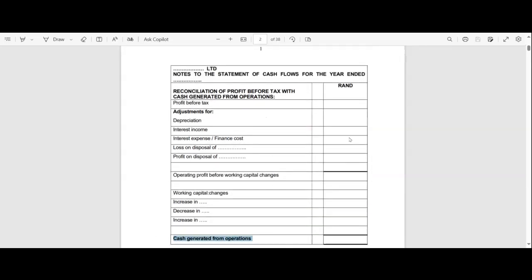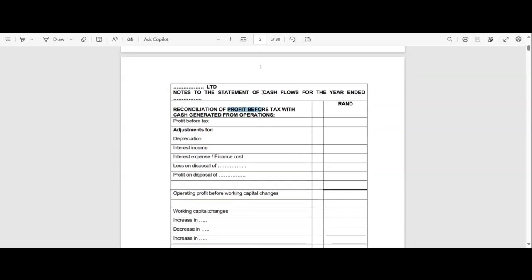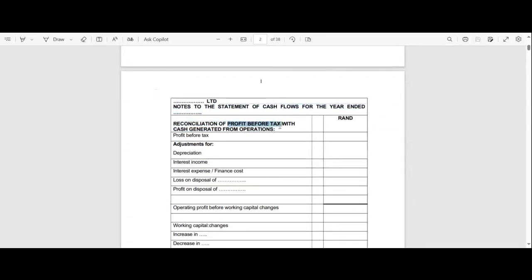This is the whole point of this note, and this is the whole point of the indirect method: to convert profit before tax to cash generated from operations. This is the whole purpose. Now, what we need to do, and this is the structure of the note, once we understand this, the note is then easy.